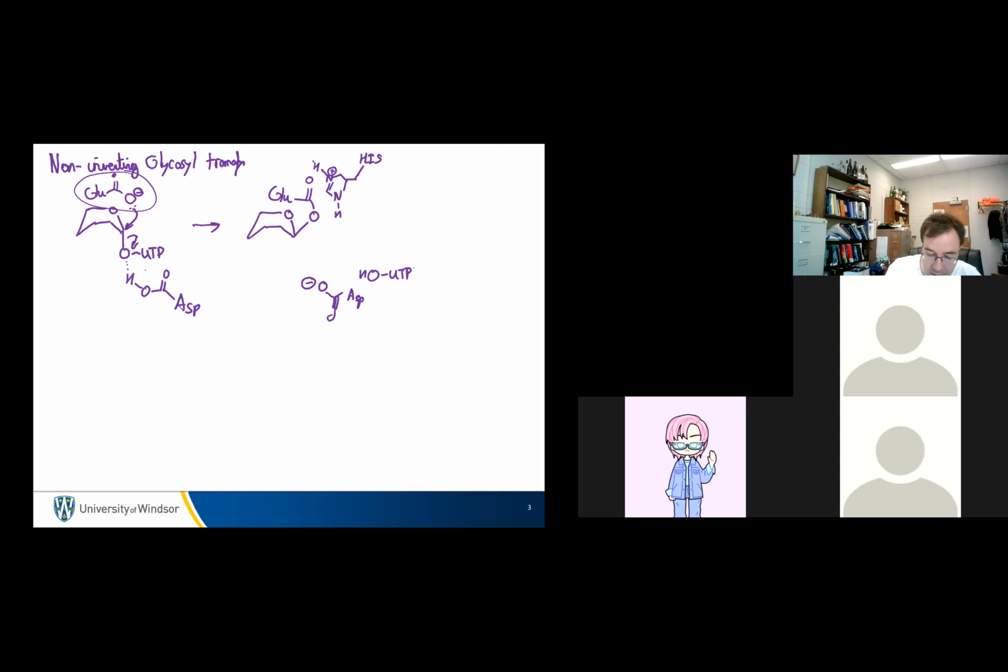So this hydrogen here initially came from the glutamic acid. So now, exit UTP, enter monosac. Whatever monosaccharide it is.